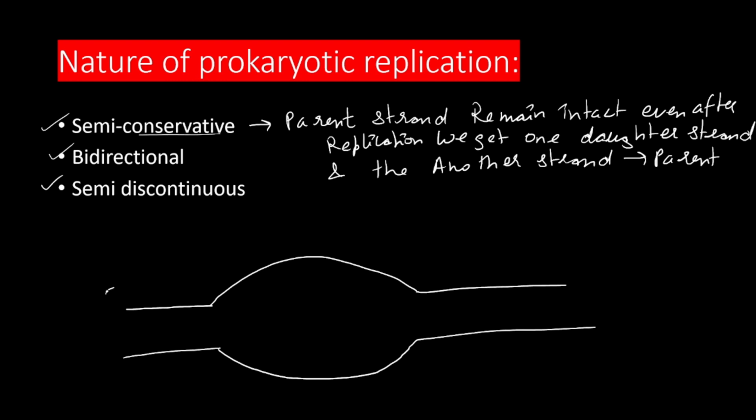So we are going to take 5 prime to 3 prime. If this one is 5 prime to 3 prime, जो भी नया strand बनेगा that would be 3 prime to 5 prime. In this case it is 3 prime to 5 prime and this one will be 5 prime to 3 prime. Now somewhere here is the origin of replication. So I will be writing it as ORIC.